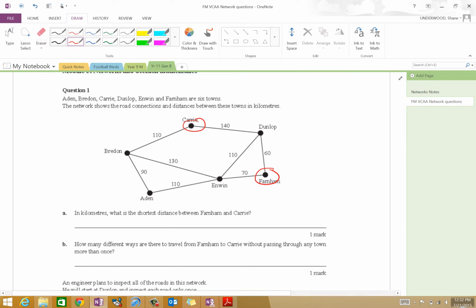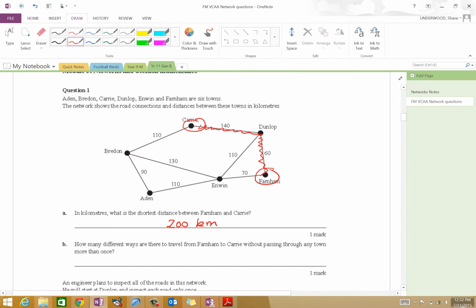We can go 70, 110, 130. It's going to be 200, isn't it? 200 what? Kilometres. So we're going to go this way, and then we're going to go this way.